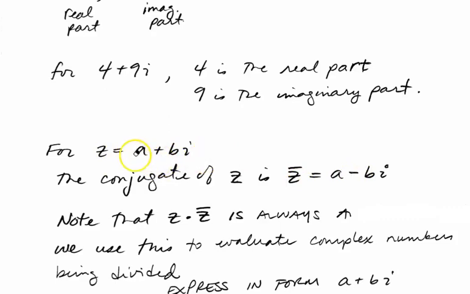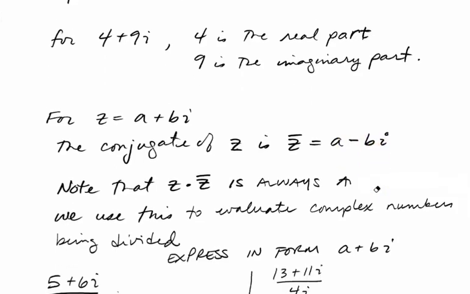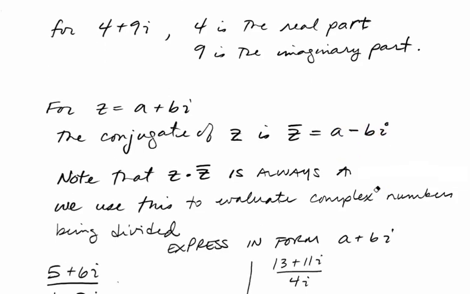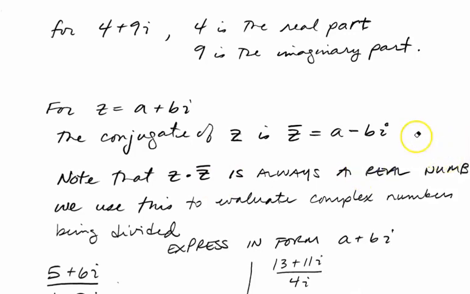If this was a minus bi, then the conjugate would have a positive. The reason the conjugate is so useful is that z times its conjugate, any complex number times its conjugate, always ends up as a real number.